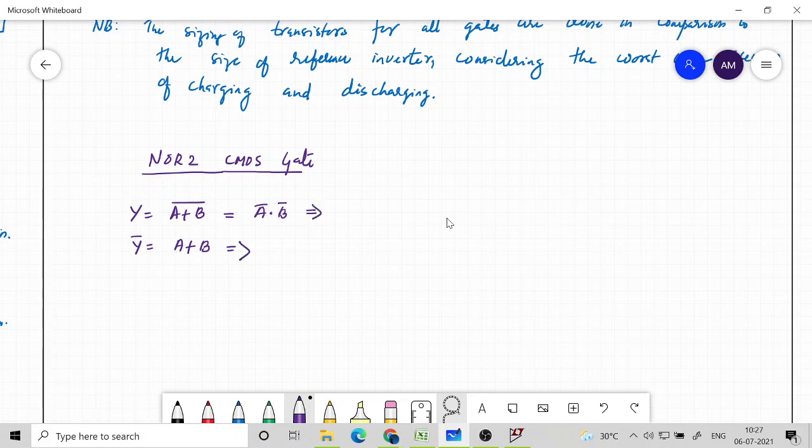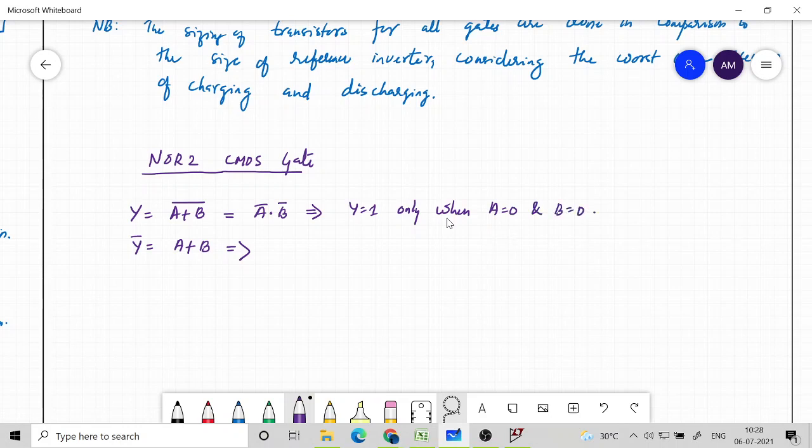Okay, so now we have expressed it in SOP form, and you can see that there is only one case in which charging should happen. Y is equal to 1 only when A bar is equal to 1, or in other words A equal to 0, and B equal to 0.